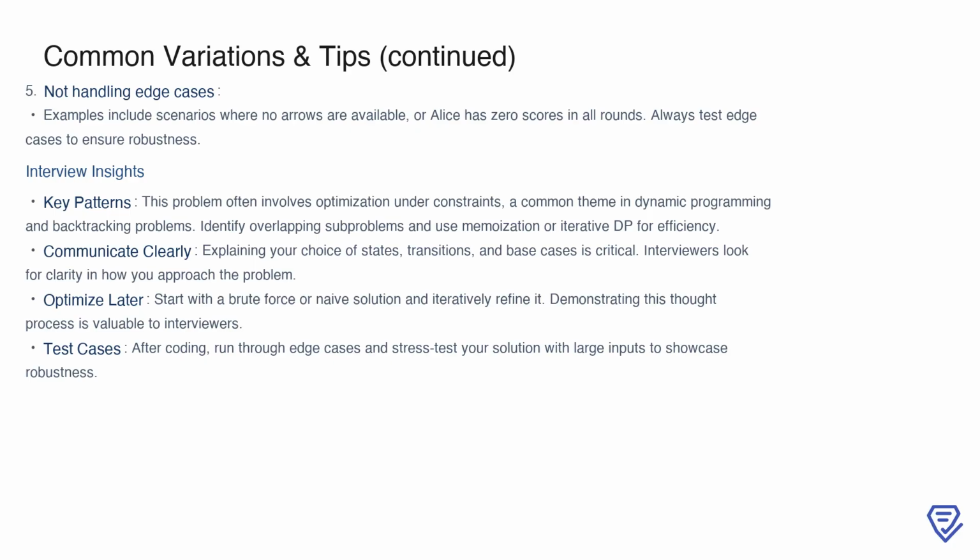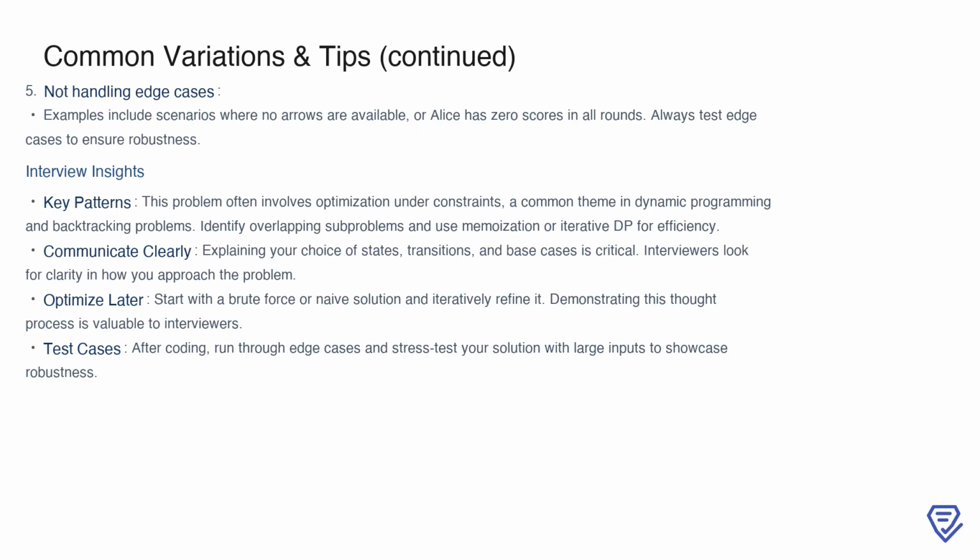This clarity is something interviewers value highly. Also, don't be afraid to start with a brute force or naive approach. Showing how you refine and optimize your solution step by step can demonstrate your problem-solving process.